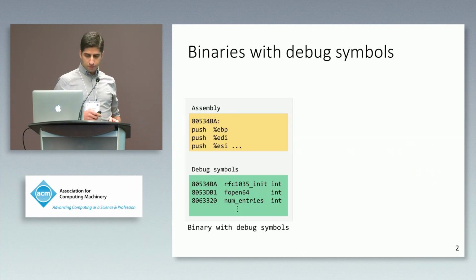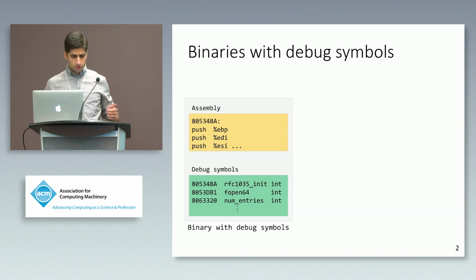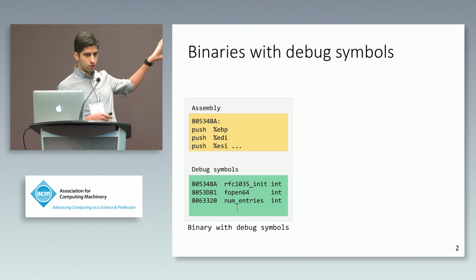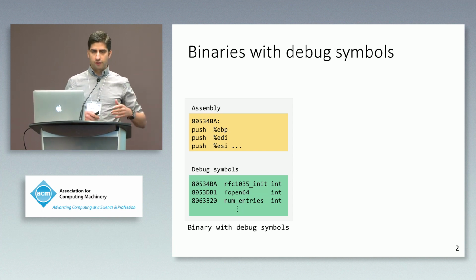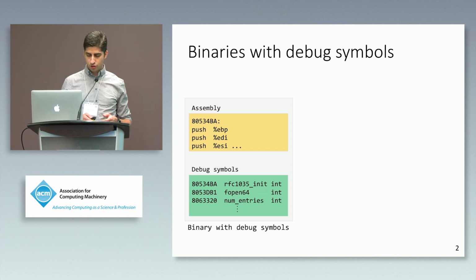All right, so binaries. Let me first give you an example of why debug symbols are pretty useful in the case of reverse engineering. Typically if you have a binary, you would have the code section, with all the assembly, and then you would also have the debug symbols that define, for example, the names and the types, the high-level information that comes from the source code.